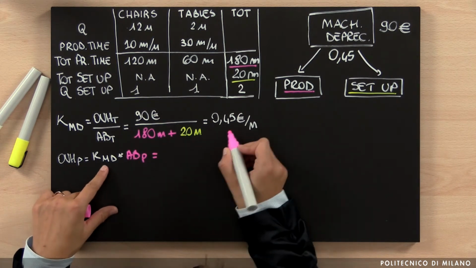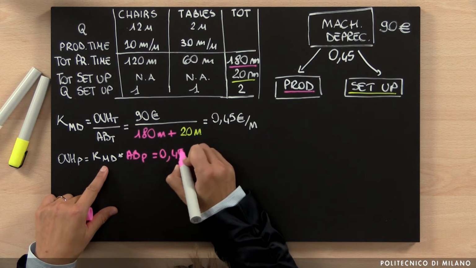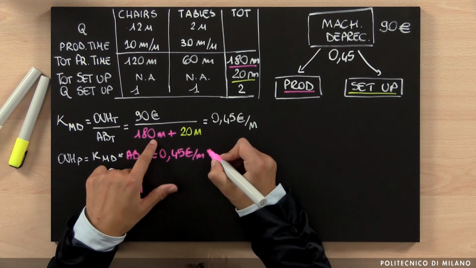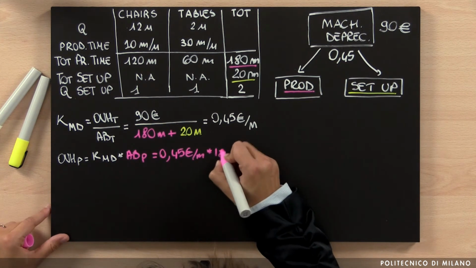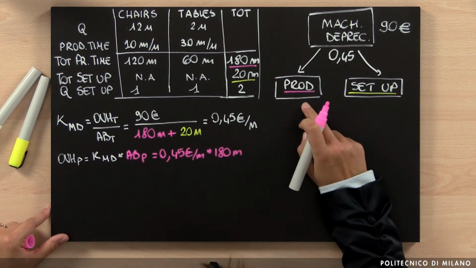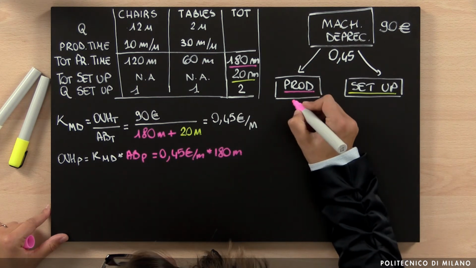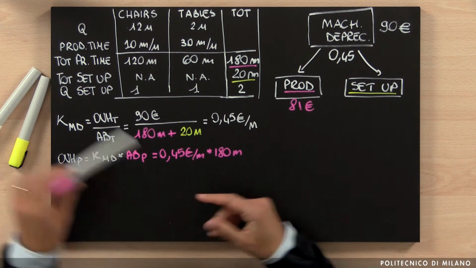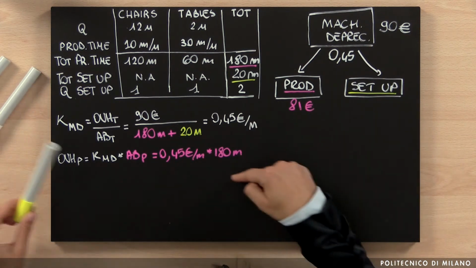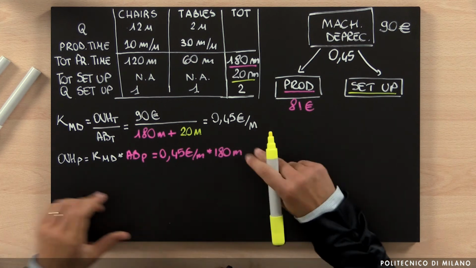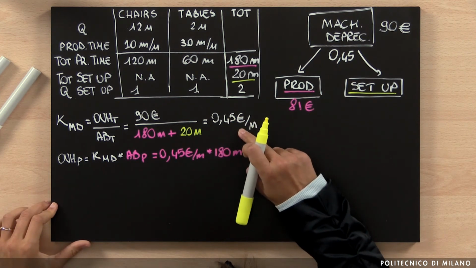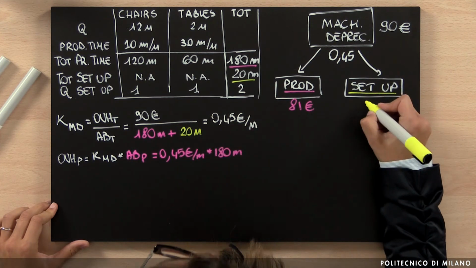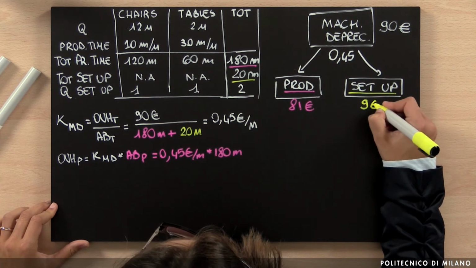So we will have 0.45 euros per minute, which is K, multiplied by 180 minutes, and the cost of the activity production will be 81 euros. If we do the same with the setup, I do not repeat the calculations because they are the same, we just multiply the 0.45 euro by the allocation basis of the setup, which is 20 minutes. So we will have that the cost of the setup is 9 euros.